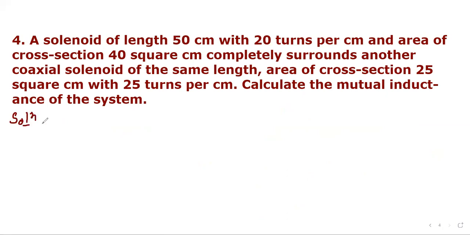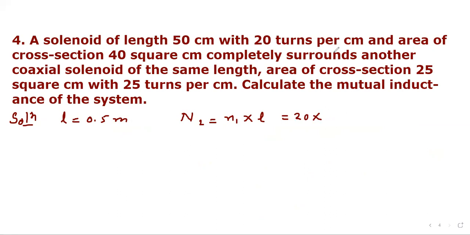So here small l is given as 50 cm, that is 0.5 meter, and the total number of turns in outer solenoid, suppose it is N1, is number of turns per unit length into length.